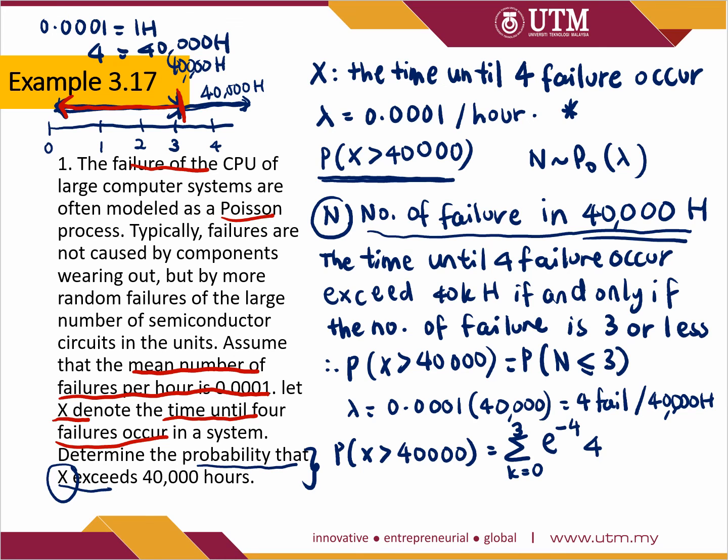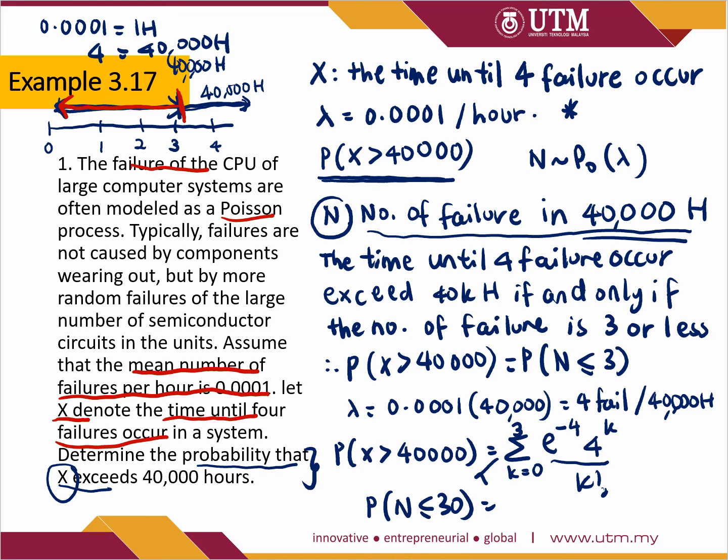That is 4 to the power of k over k factorial, first k equals 0, plus k equals 1, plus k equals 2, plus k equals 3. I forgot to write P(X > 40,000), which is equivalent to N less than or equal to 3, which equals this formula.